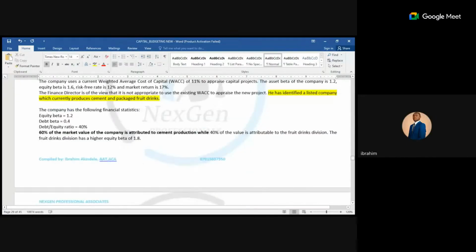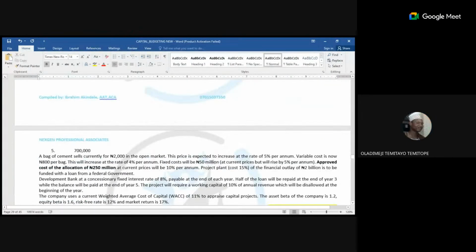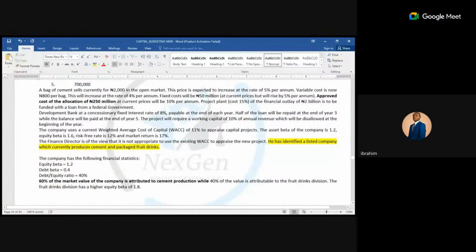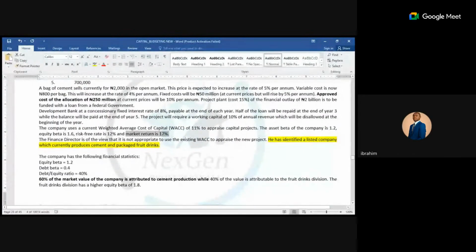The risk-free is 12%, and the market return is 17%. Class, when you have all this information, you can extract it out.